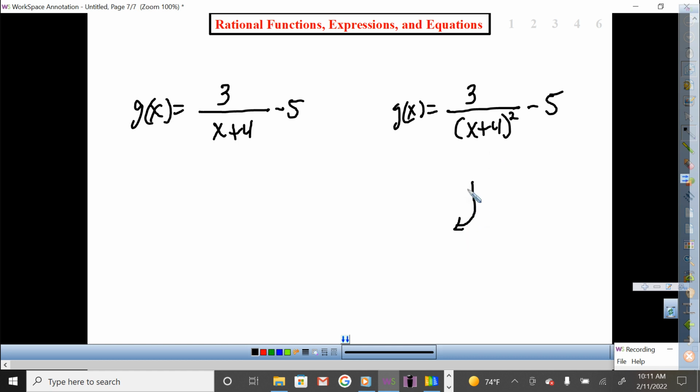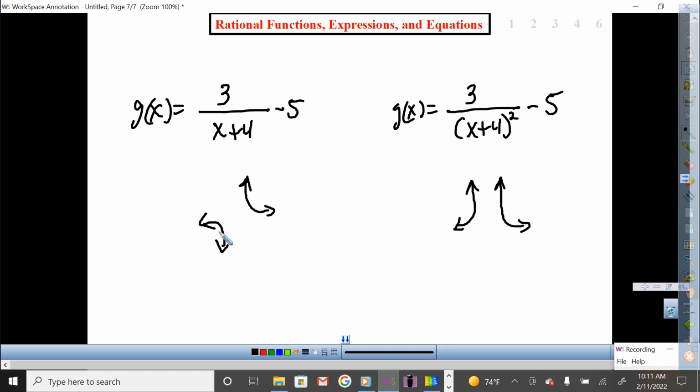Yes, that is correct. Why? Because it's got the squared on the denominator. Which means the only other option for this one is like this and like this. Those are the only two types of rationals that we know. So far so good, yes?